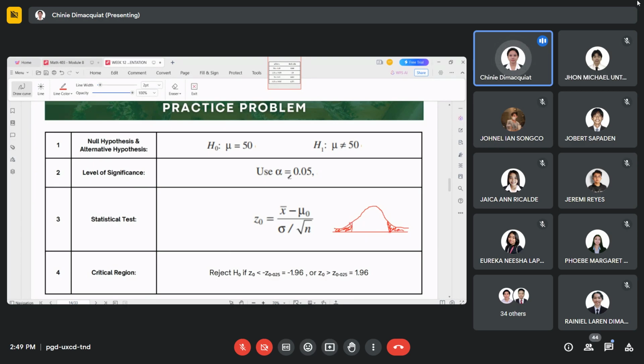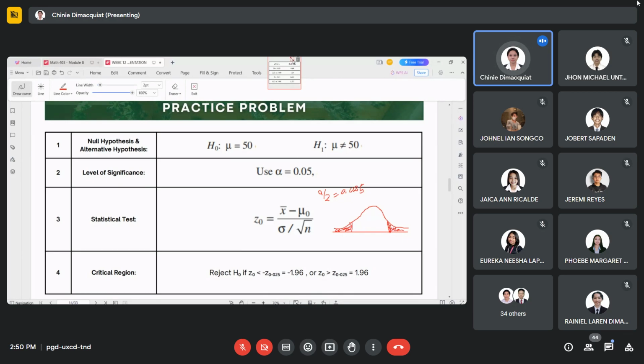Ayan. And since ang alpha natin ay 0.05, kailangan natin kunin yung ating alpha over 2. Bakit naging alpha over 2? Dahil kailangan nating i-cater itong dalawang dulo. So, alpha over 2 ay 0.025. No? So, para dito and para din dito.